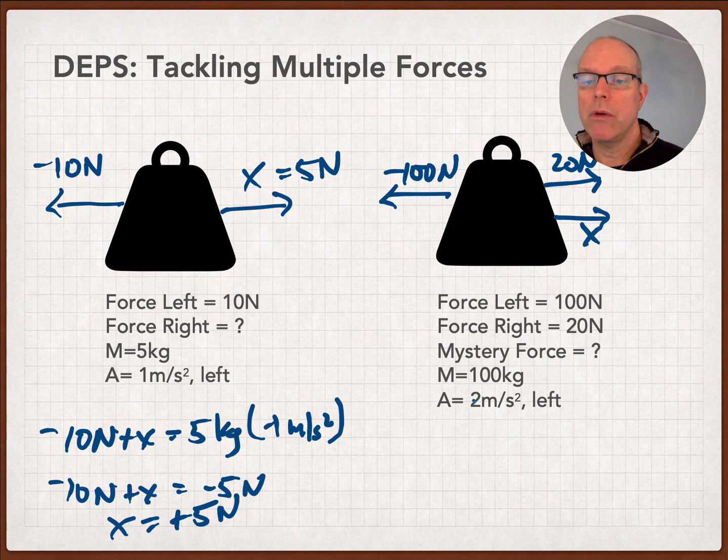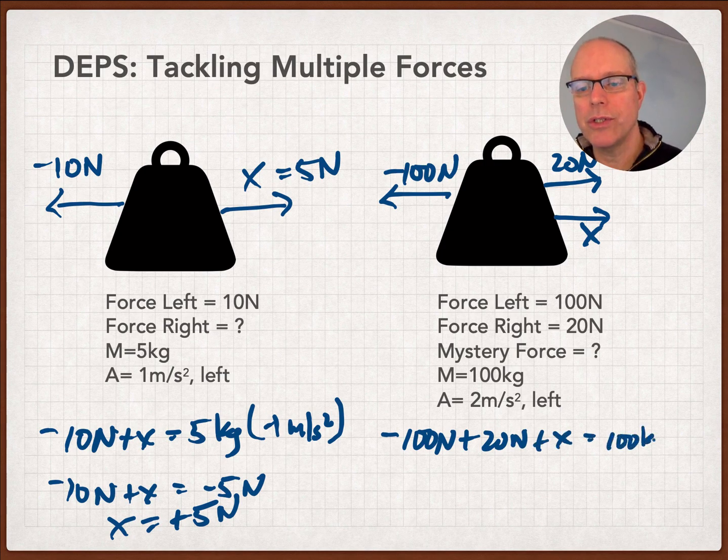Again, it's important that you recognize what the direction of the acceleration is. It's minus. Okay? So I'll pencil all my stuff in. So -100 newtons plus 20 newtons plus x equals 100 kgs times -2 meters per second squared.